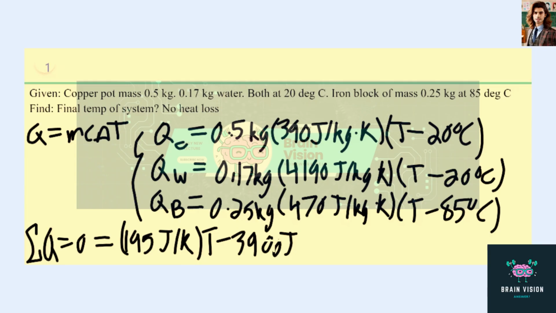And then for the water, you do the same thing, multiply the first two and then distribute to the T and the minus 20.